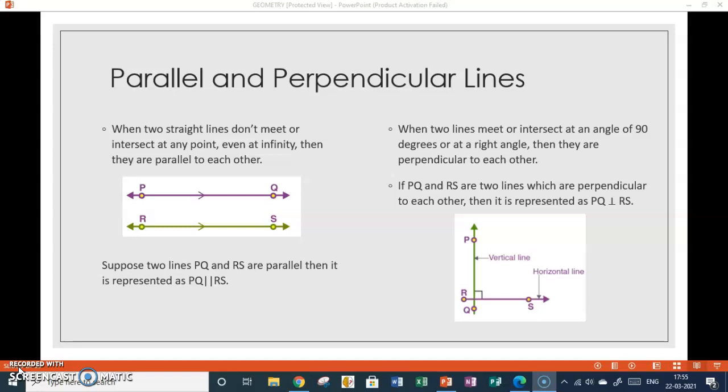When two lines meet or intersect at an angle of 90 degrees, or a right angle, then they are perpendicular to each other. If PQ and RS are perpendicular, it is represented as PQ perpendicular to RS.